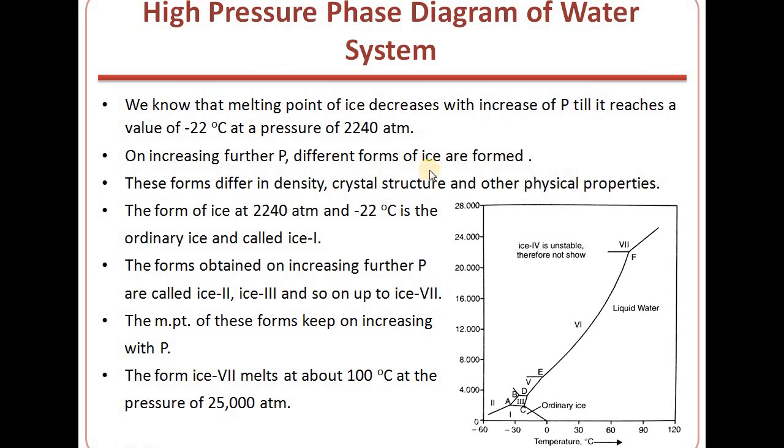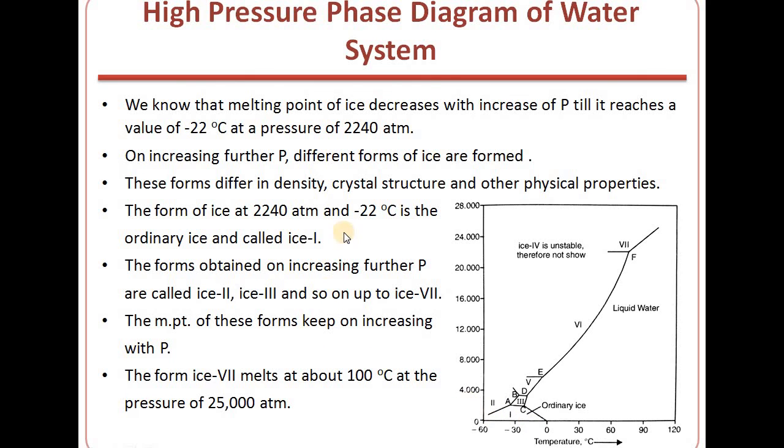Ice converts from one form into another, and these forms differ in density, crystal structure as well as other physical properties. The form of ice at 2240 atmospheres and minus 22 degrees Celsius is the ordinary ice, and it is called ice 1.